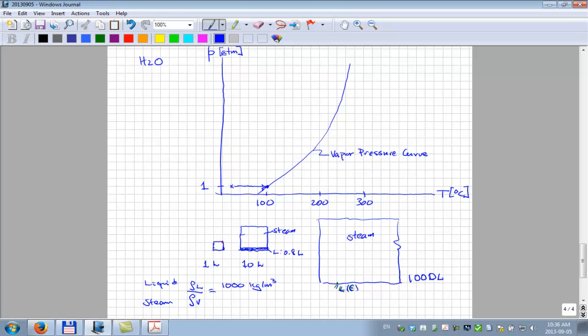We all know that. And vapor, you may not know it, at atmospheric conditions is about 1 kilogram per cubic meter. It's not exactly, but it's approximately. So the ratio of liquid to vapor density is about 1,000 here. That ratio is 1,000. Okay?